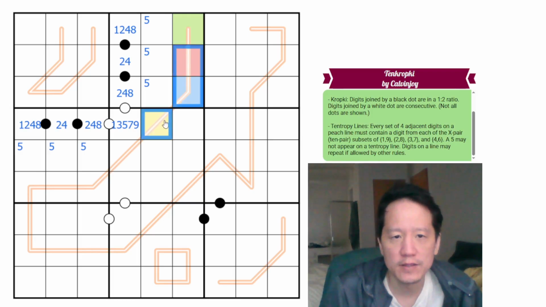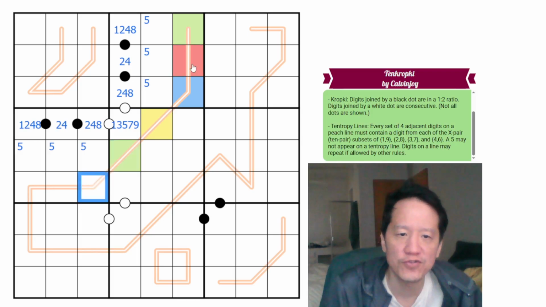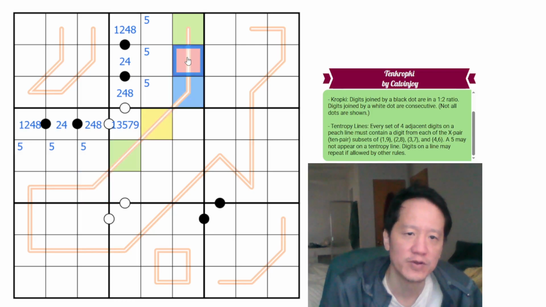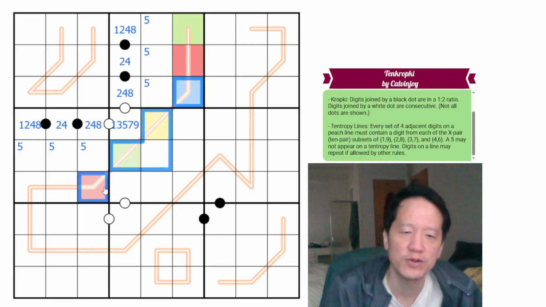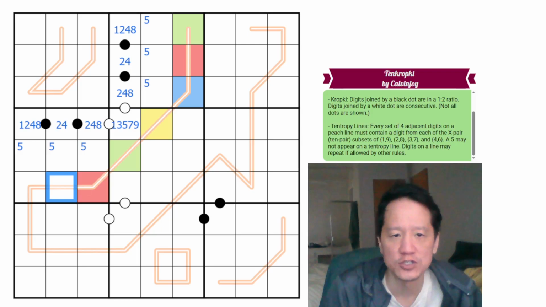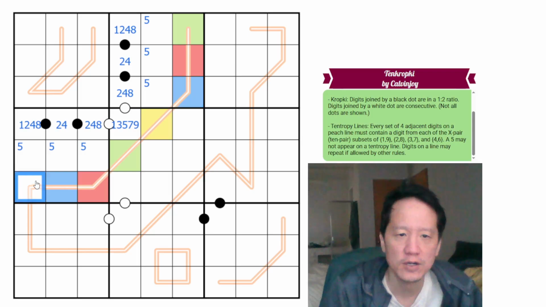Well, again, these 4 digits contain a red, a blue, and a yellow. Therefore, what's the last one? It must be green, right? So every 4th set is the same set, right? Because you have 3 that stay the same, and the 4th one is removed from the previous 4 adjacent sets, or previous 4 adjacent digits. So therefore, this must be blue. This must be yellow, right?